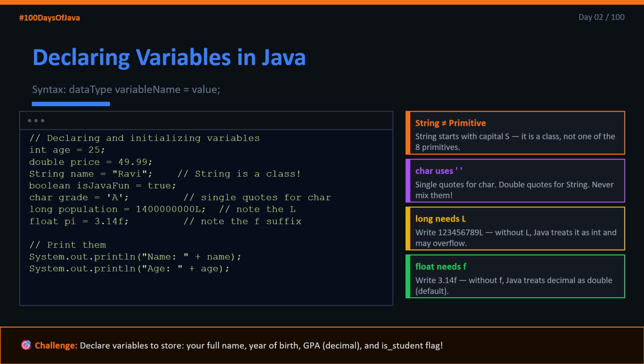Long values need an L at the end. We have already discussed this in the practical coding. Float values need an F at the end, 3.14F. Without the L or F, Java treats them differently and you will get errors. Let's look at this code example. We already ran this code in Eclipse.